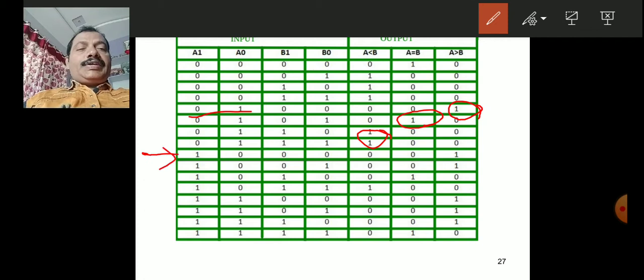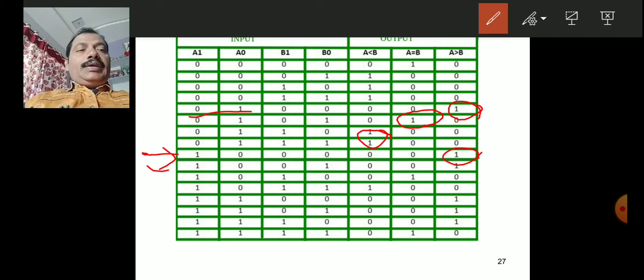So this is the next combination, A is 1 0, B is 0 0. So in this case A is greater than B, hence output is 1 here. Similarly, next combination, A is 1 0, B is 0 1.